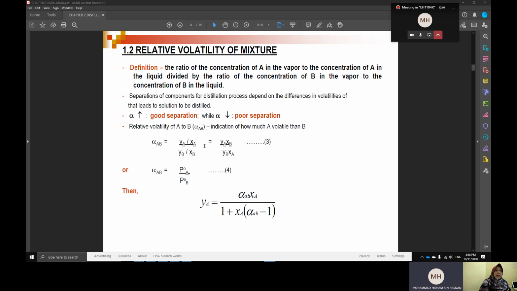So that is why we need the value of relative volatility. Understand? Yes, sir. Okay, if you don't understand, you just interrupt me, okay?